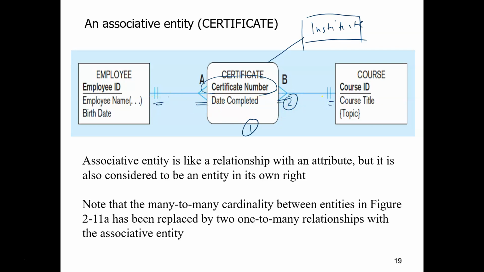So why is that? Well, the reason is that for one employee, the employee can have multiple certificates. But for one certificate, it can only belong to one employee. And same thing for the course. For one course, it can issue multiple certificates, but for one certificate, it can only refer to one course.